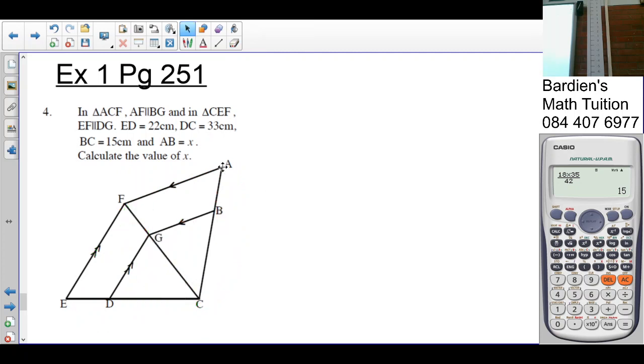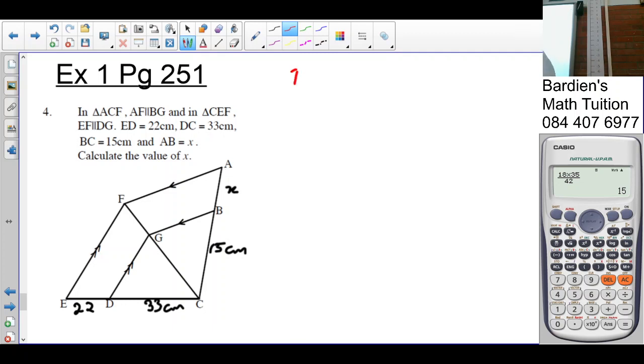Then we are told that ED is 22 centimeters. DC is 33 centimeters. Then we are told that BC is 15 centimeters and AB is X. Calculate the value of X. So where do we start, people? We start with what is known here.